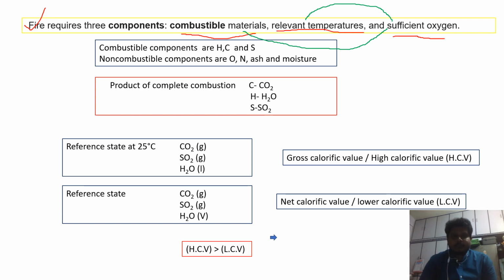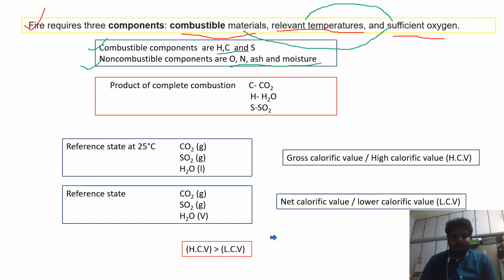Coal contains two types of components: combustible components and non-combustible components. Combustible components are hydrogen, carbon and sulfur. Non-combustible components are oxygen, nitrogen, ash and moisture.